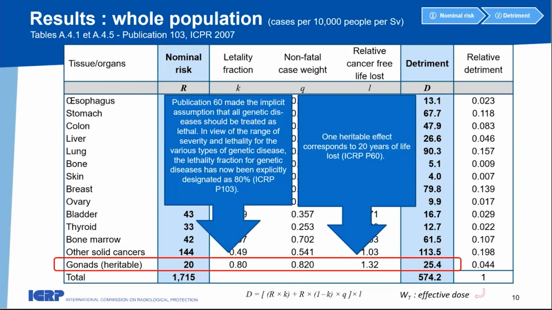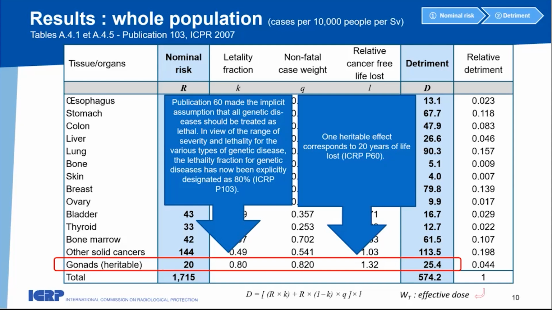Frido? Yeah, I think it's important to keep in mind that it has effects on the effective dose calculations. I just wanted to mention a minor point in that context. If you add the relative detriment of 0.044 and the one for ovarian cancer, which is 0.017, then you get 0.061.